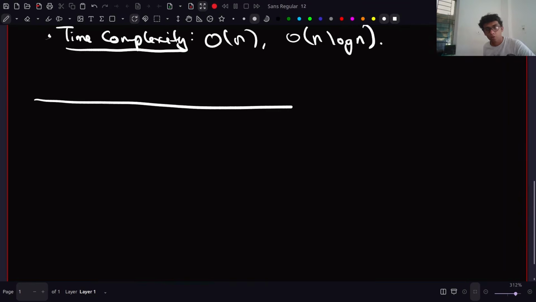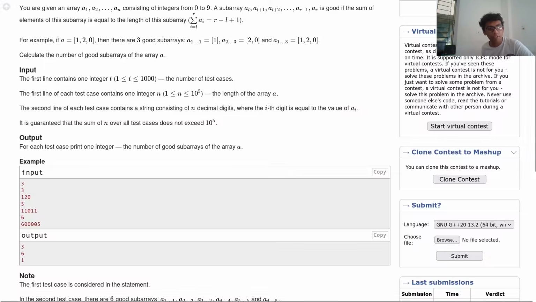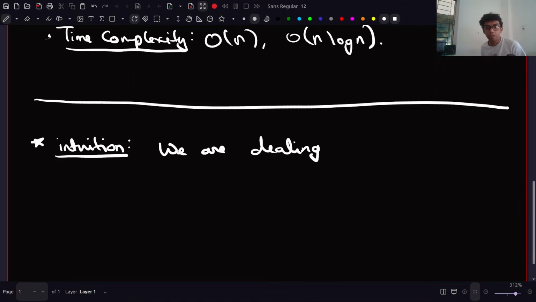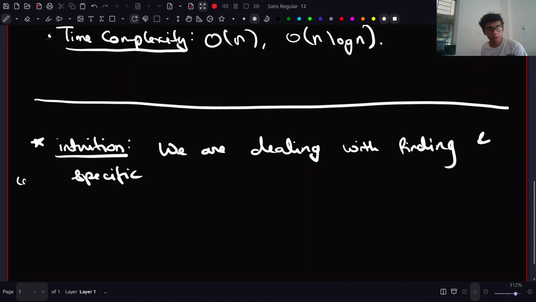So the first thing we'll do is have some basic orientation, so basic intuition. We are dealing with finding and counting specific target subarray sums.